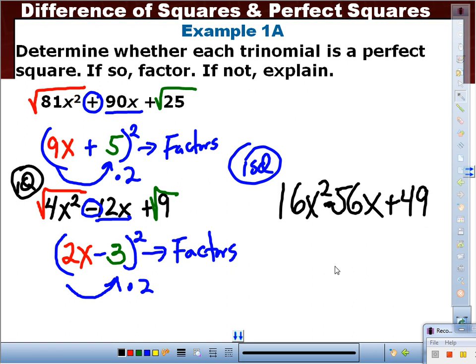See if that's a perfect square trinomial. 10 seconds. Check with the neighbor, see what they got.